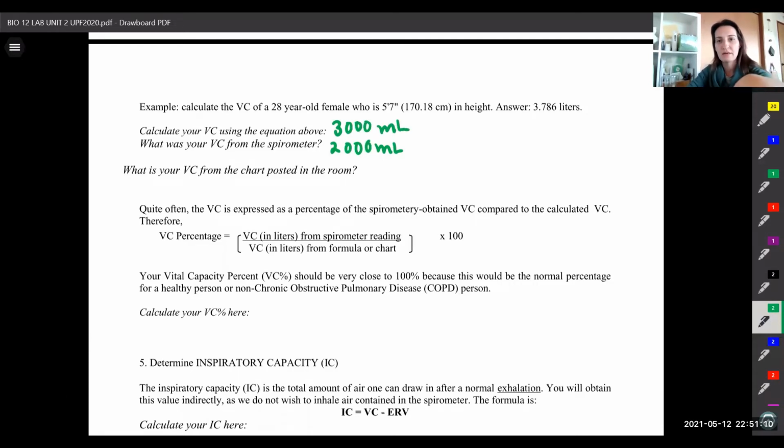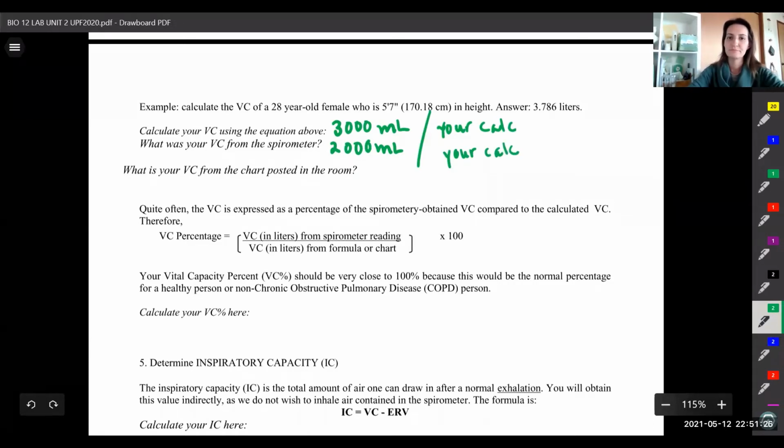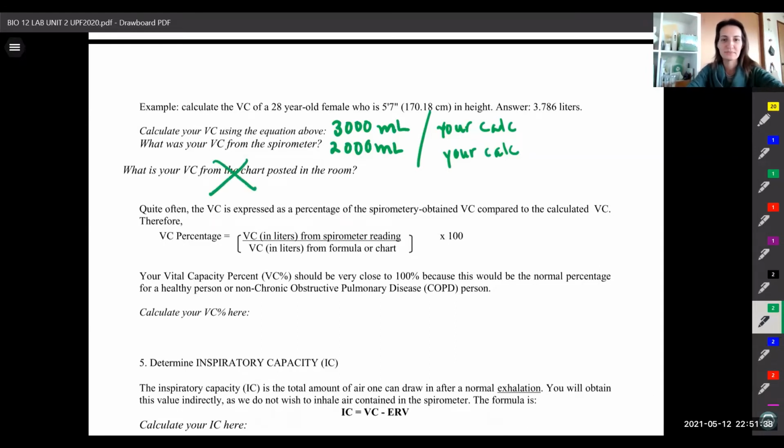Keep in mind that you're using your calculation here, and the same calculation here. Don't worry about the VC from the chart posted in the room. You weren't in the room where a chart was posted, so you don't need to answer that question.